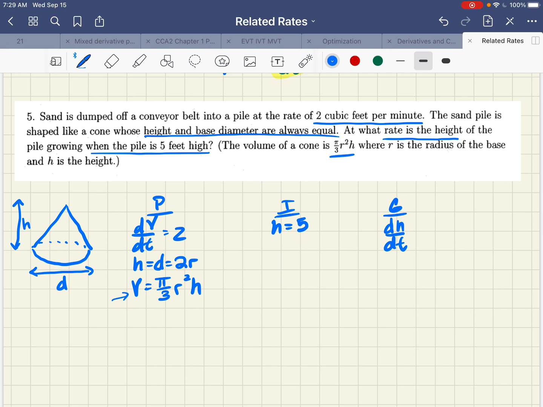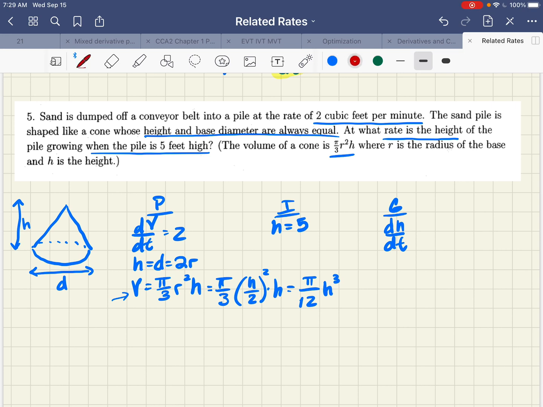So then I would do a substitution. It looks like from this equation, r equals h over 2. So then I would have pi over 12 and h to the third. All right, so now I have an equation just with v and h.